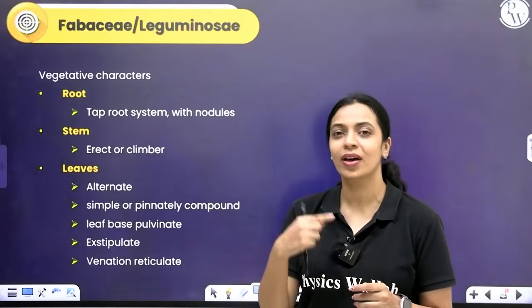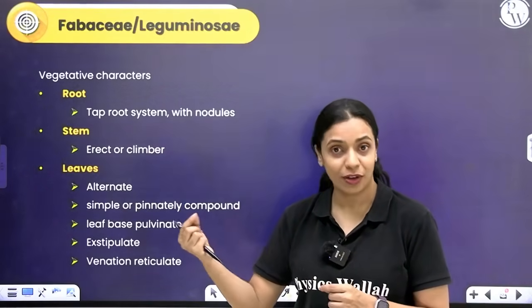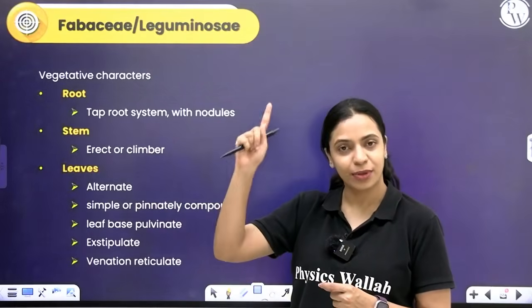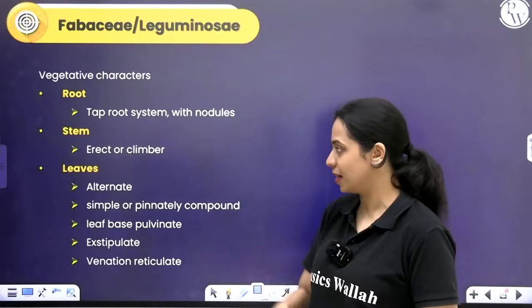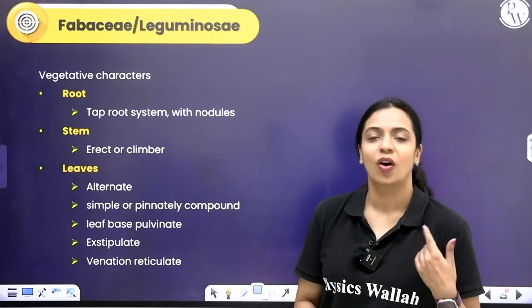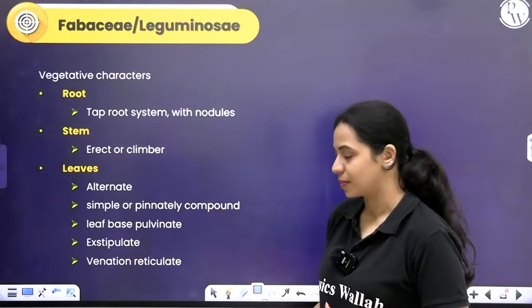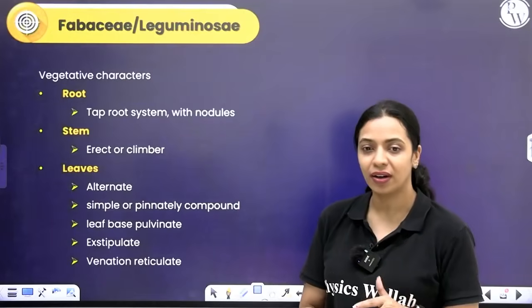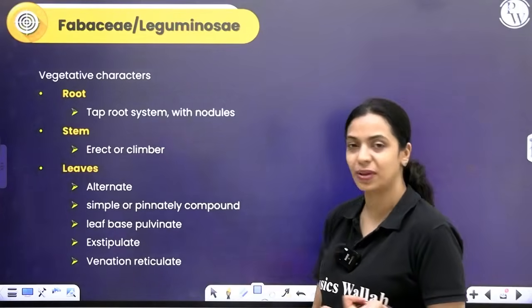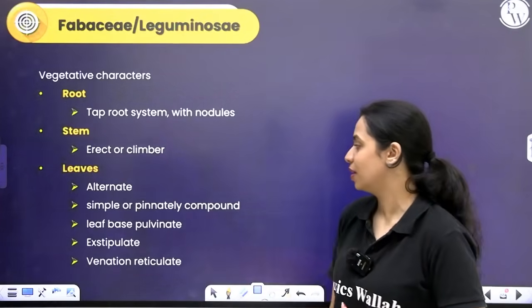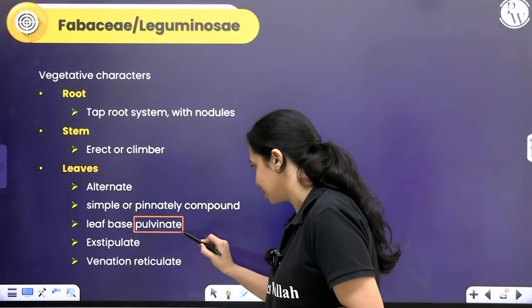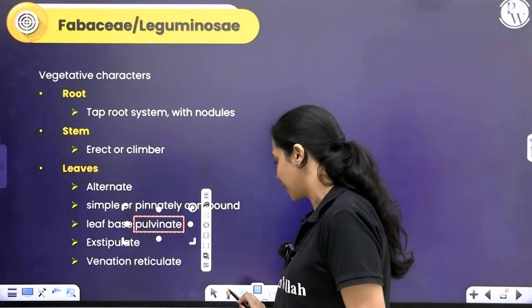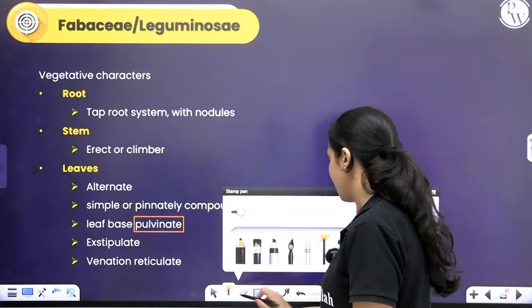We learned how pea plant has leaf modified to form tendrils because it is a climber, right? So it may be erect or it may be a climber. How are the leaves? Alternate phyllotaxy you can see here. They may be simple, or in some cases they may show pinnate compound leaves as well. Leaf base is pulvinate. We've already learnt about this earlier, right? So remember this. This is a characteristic feature that you should remember.